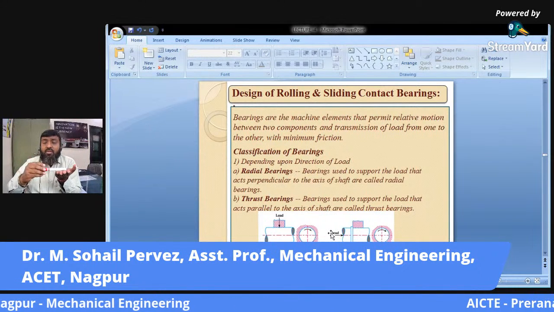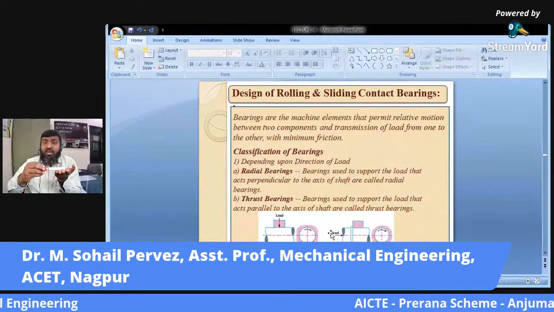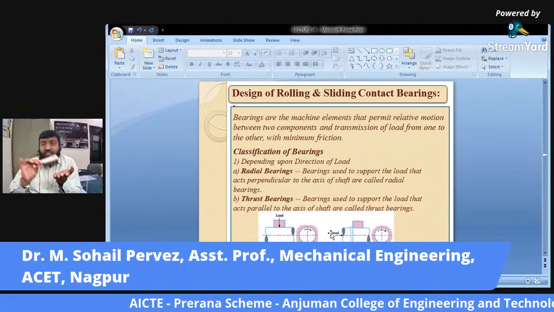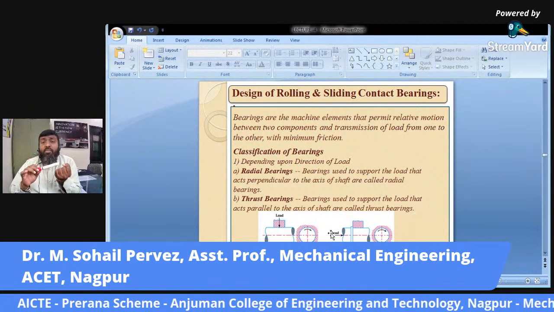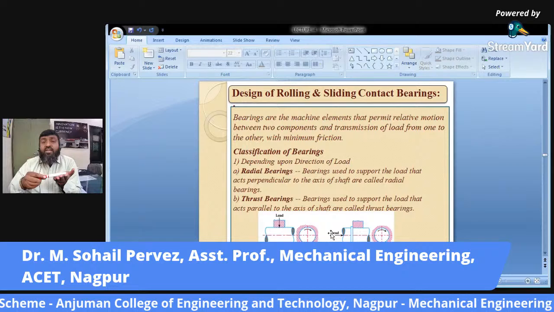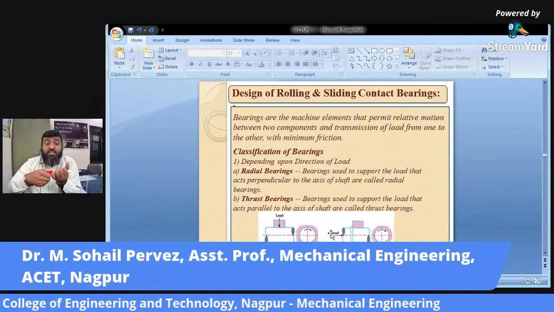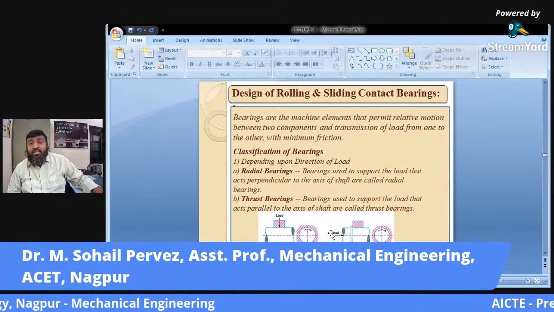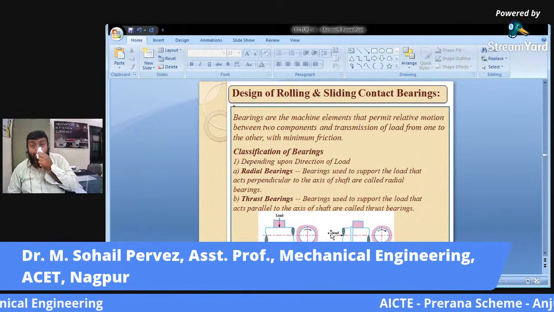If this shaft is rotated by some belt drive or gear drive, now if this shaft is not held, or if this shaft is not rested on the bearing, then it may travel in this fashion. So the guidance of the motion by the bearing is an important factor in the design of bearing.